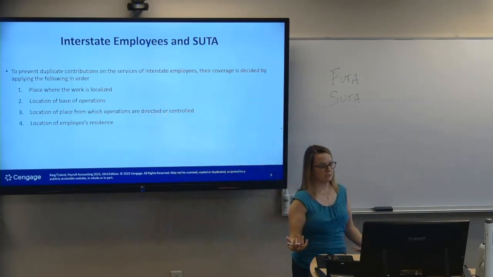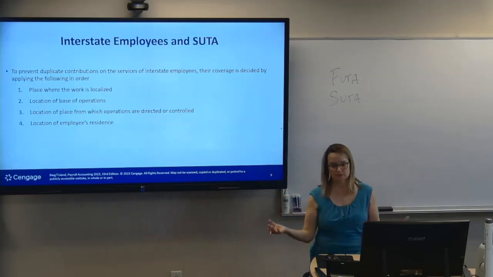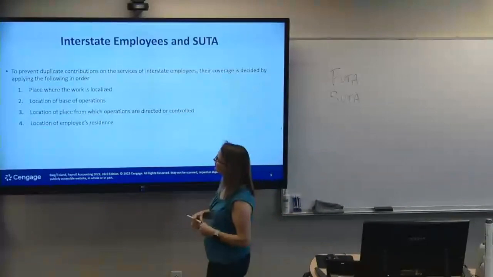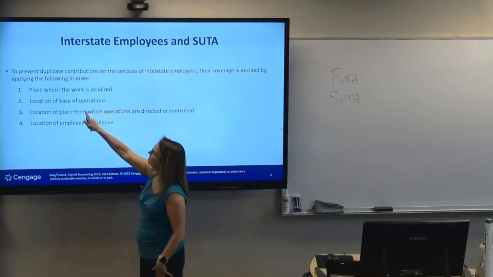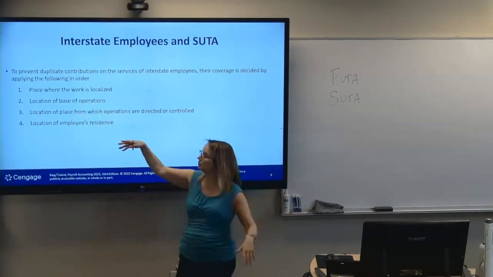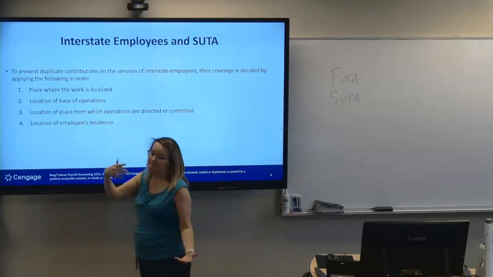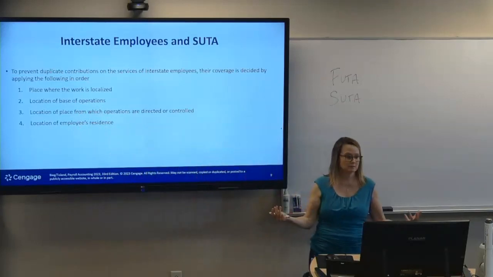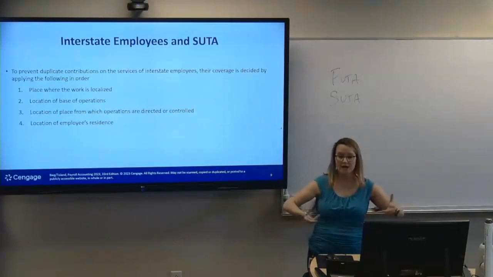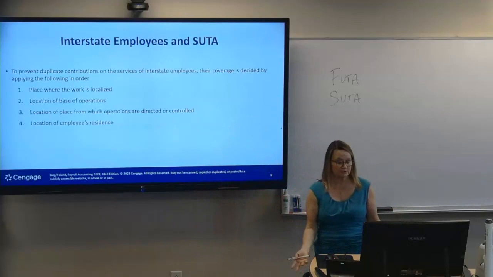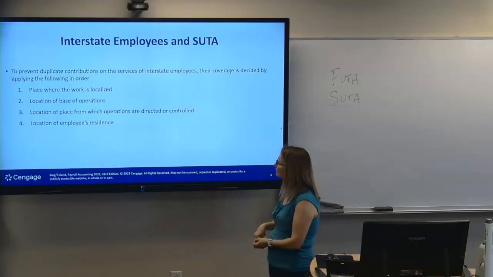If you're only doing work in Illinois, then obviously Illinois is where you are covered under SUTA. If we can't really determine, or it's all over the place, we look at the location of the base of operations. So maybe your office is in Illinois, but you're divided between Illinois and Iowa with where you're actually doing the work. Well, your base of operations is in Illinois, so we're going to put you under Illinois SUTA.